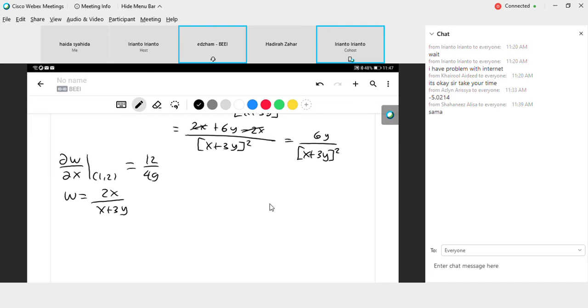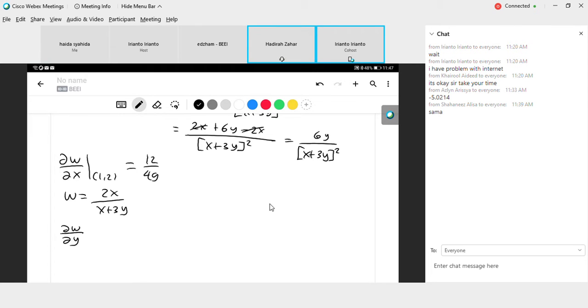Now we want to find the partial derivative of w with respect to y. What should I do? Differentiate with respect to y. Is there any rule that I need to use? Quotient rule again?